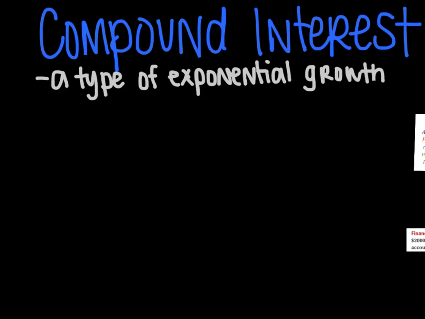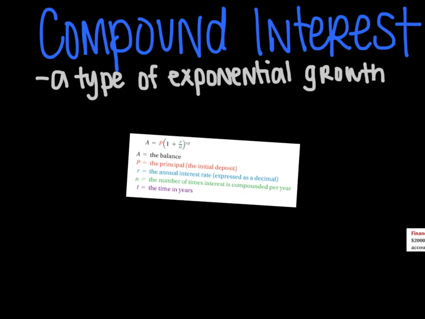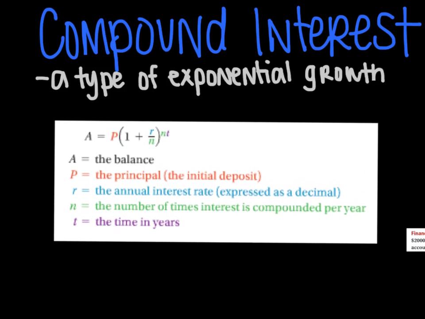Compound interest is a type of exponential growth that we're going to talk about really quick. Here we have what the formula is. It is A equals P times parenthesis 1 plus R divided by N in parenthesis to the N times T power.